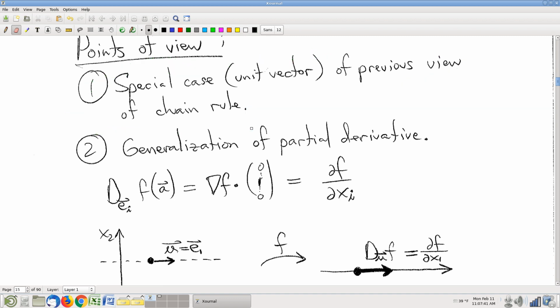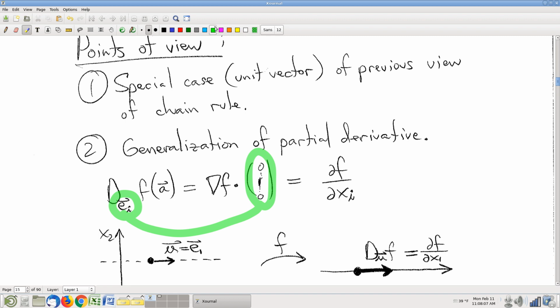Okay. I also like to point out that it's sort of the opposite of a special case. It's a generalization of the partial derivative. Or said differently, a partial derivative is a special case of a directional derivative. Because let's consider what happens when your unit vector is a standard basis vector. Not just a unit vector, but even more special, explicitly a standard basis vector.